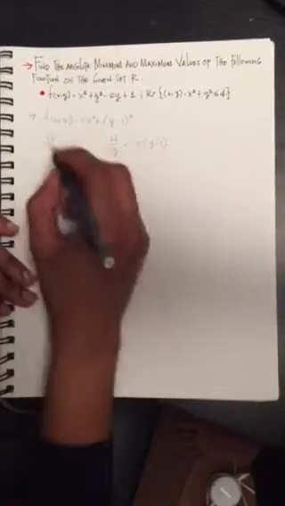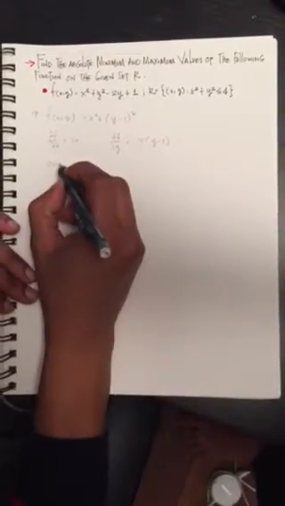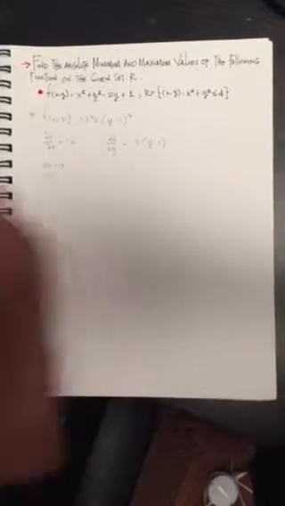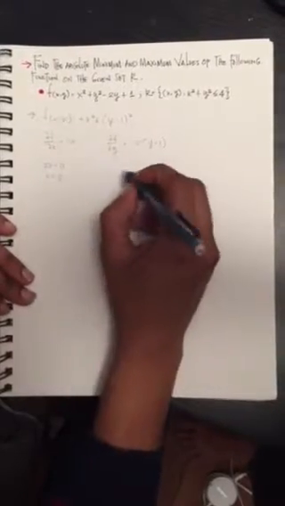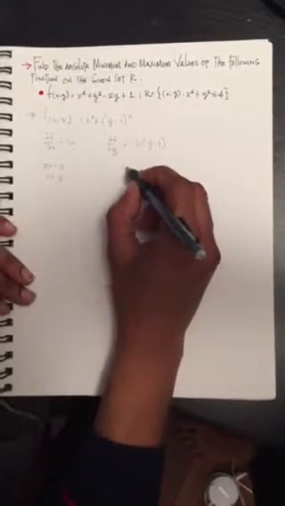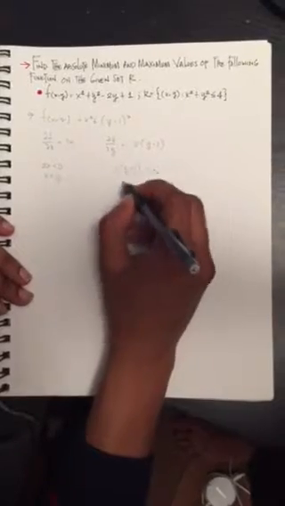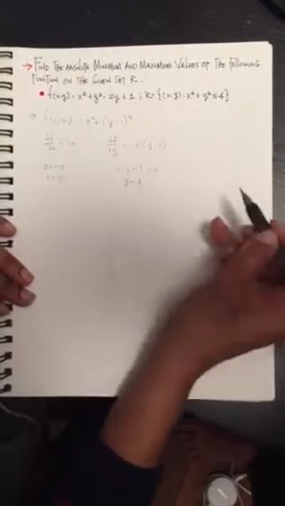Having this, now I can solve a system so I can find the values for x and y. I can say that 2x equal to 0, which gives us x equal to 0. On the other side, we have to find the value for y, so we can say that y is equal to 1.